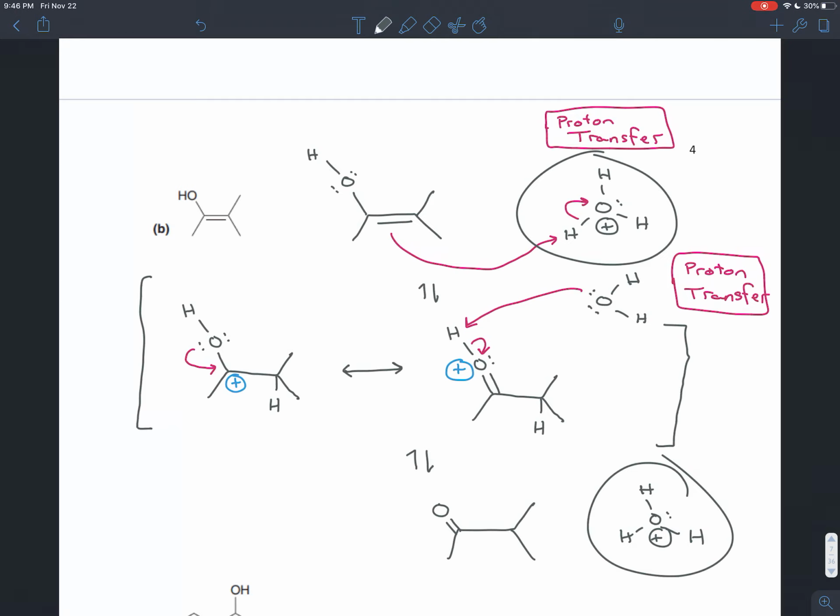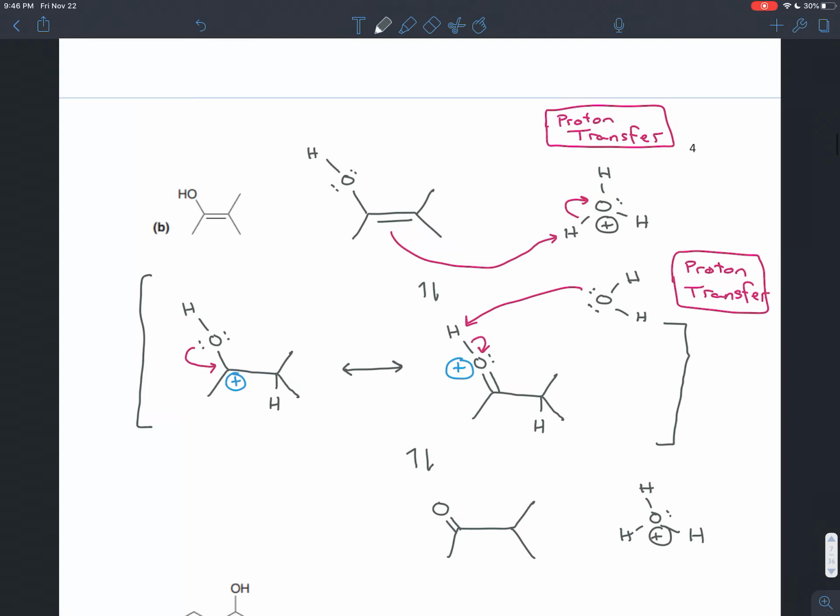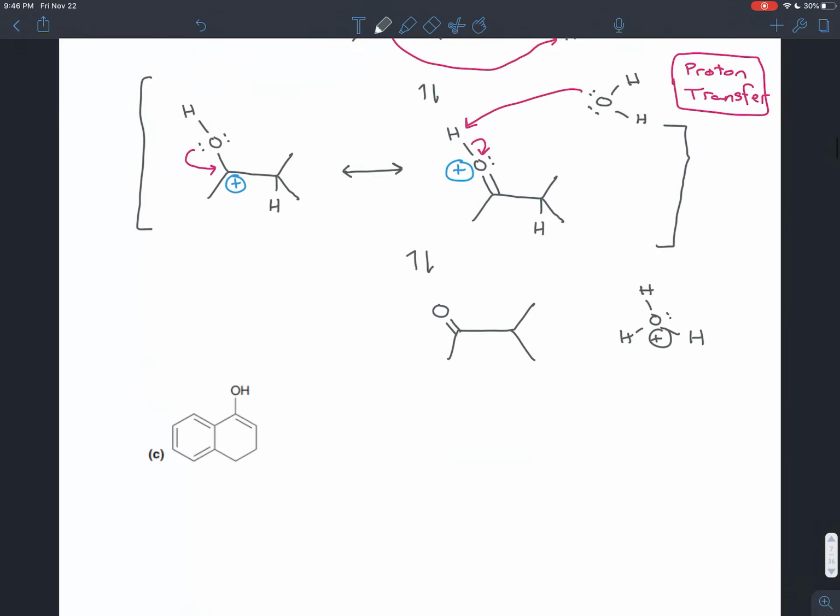If a molecule is used to make a reaction happen, but is not used up because it's regenerated at the end, that's a catalyst. Catalysts make reactions happen faster without getting used up themselves. And so these 2 proton transfers, along with the resonance structures, constitute the mechanism for this acid-catalyzed keto-enol tautomerism.